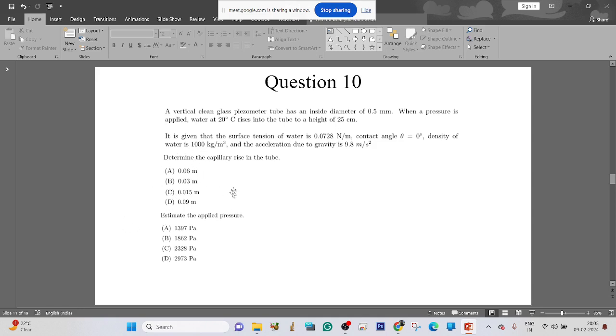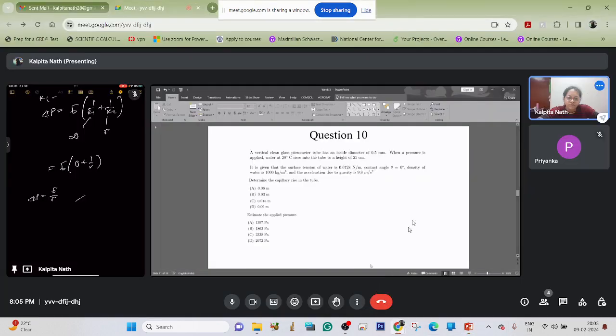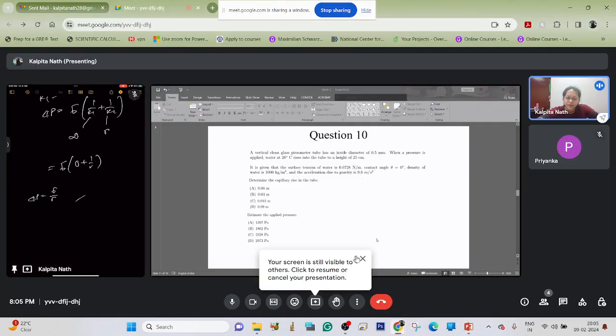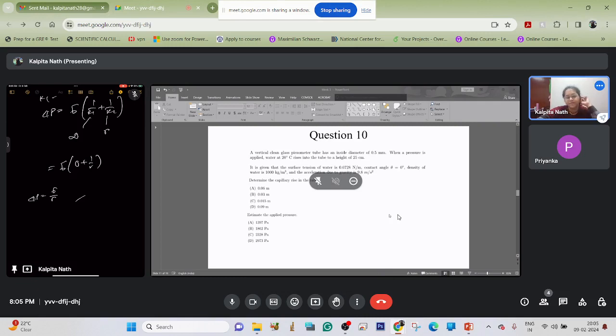So first we have to find the capillary rise, what the height will be because of capillary rise, and then we have to estimate the applied pressure. Can you do that? Have you understood or should I explain again? We'll try, ma'am. Okay. Understood, right? Yes, ma'am. Okay. Do it. Try, it's very easy.